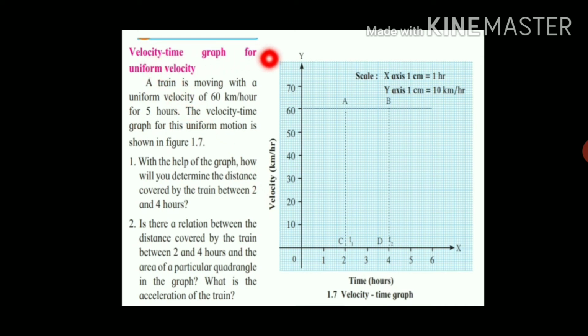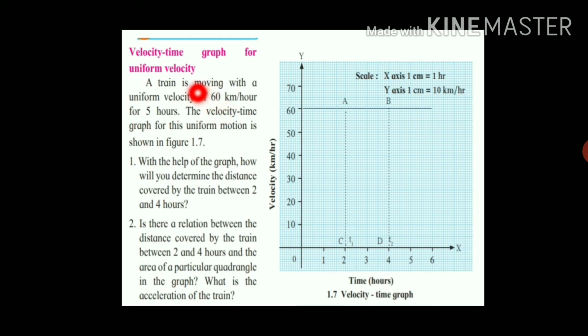Now, the velocity time graph for uniform velocity. In this example, a moving train is given. That moving train has a uniform velocity of 60 km per hour, meaning every hour the train covers 60 km distance.